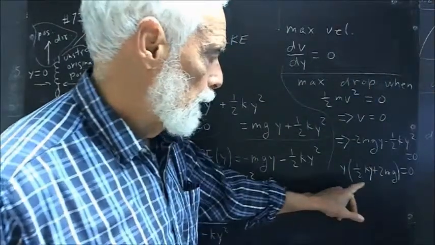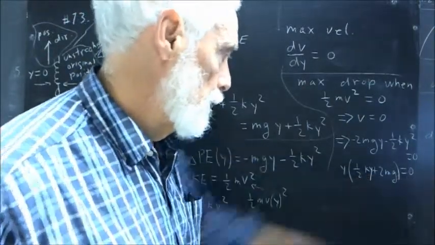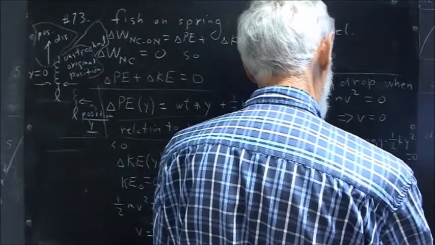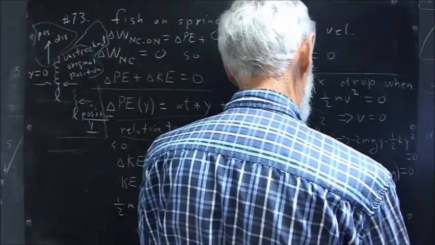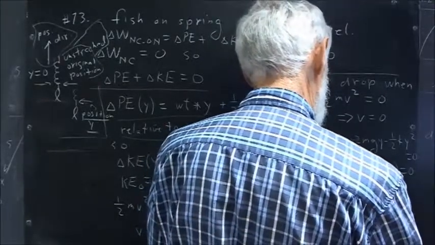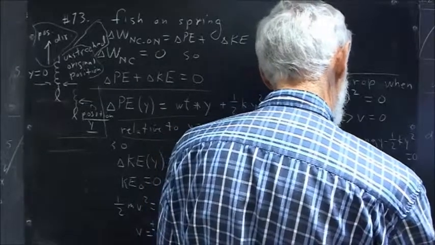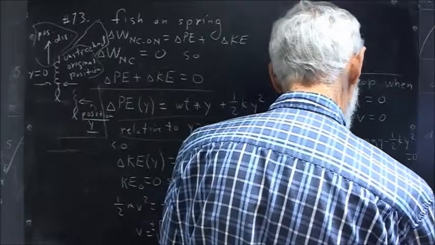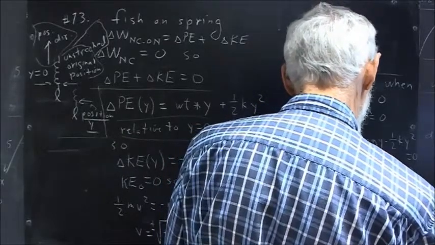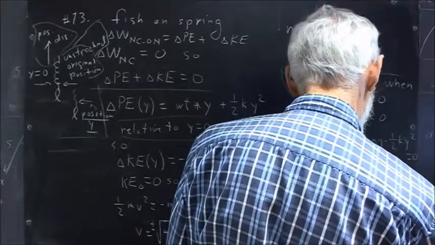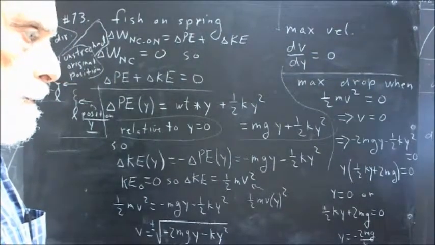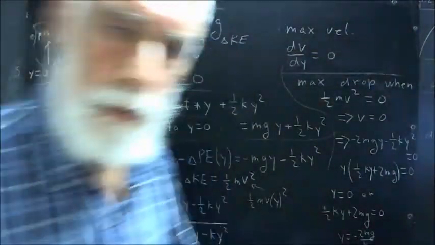The solutions: y equals 0 or 1/2 ky plus 2mg equals 0, so that y equals negative 2mg over k. And that gives us a negative value of y.